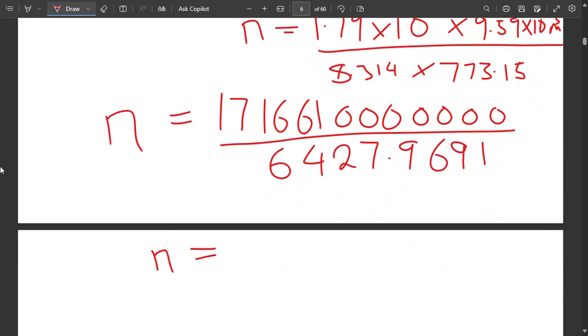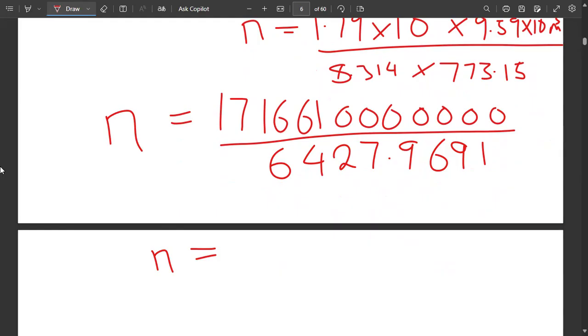So that means my number of moles will be equal to this. My N will be equal to, let me divide these now, getting 17,161,1234567 divided by 64.279691.